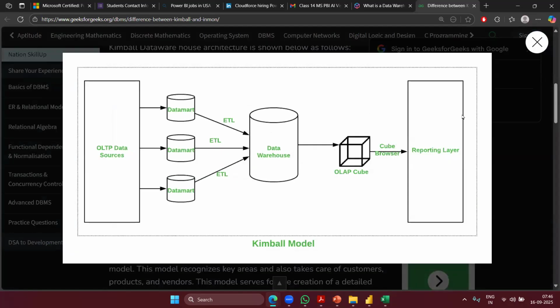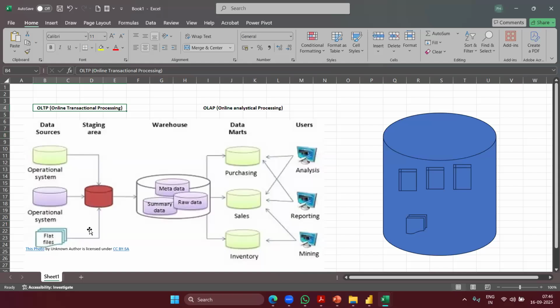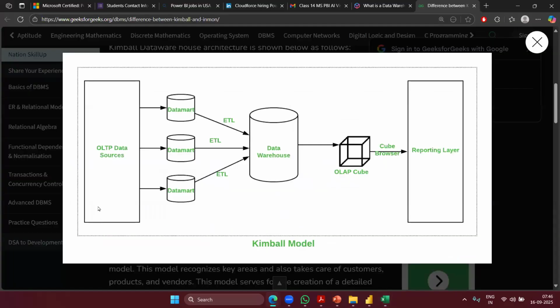If you see this image on the left side, correlate it with the previous image which we have seen. On the left side, we have the OLTP, different data sources, and that is what we have seen here. Now, what Kimball has proposed is to create a separate data mart for each and every business line.